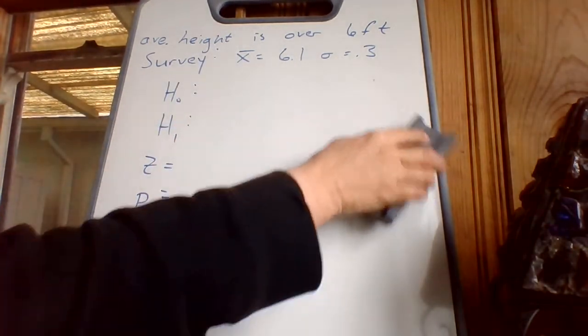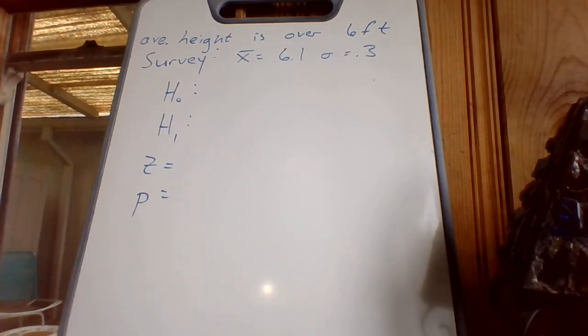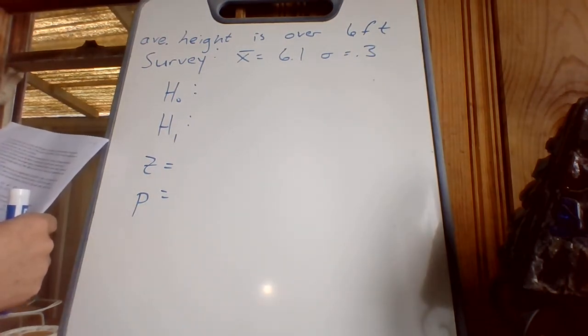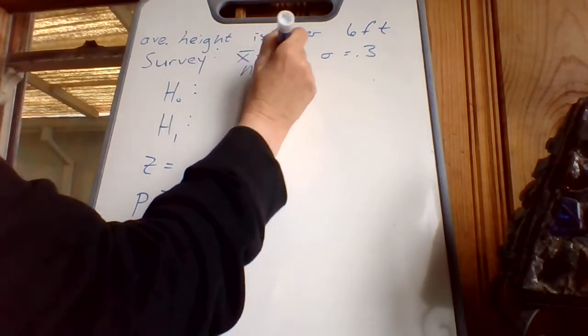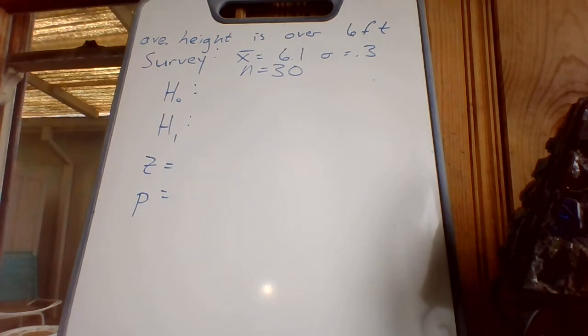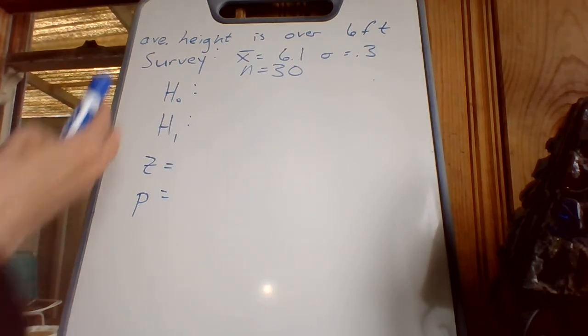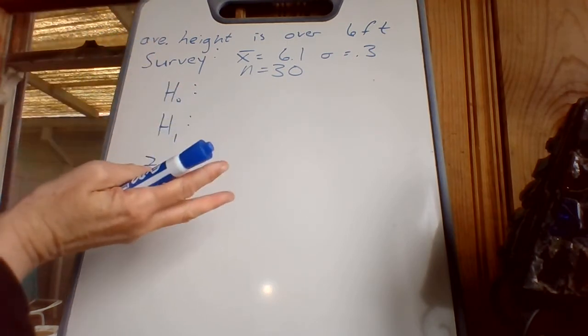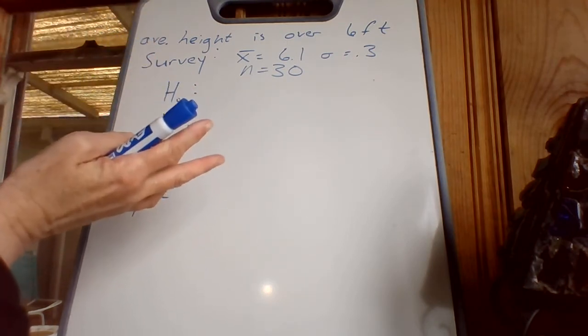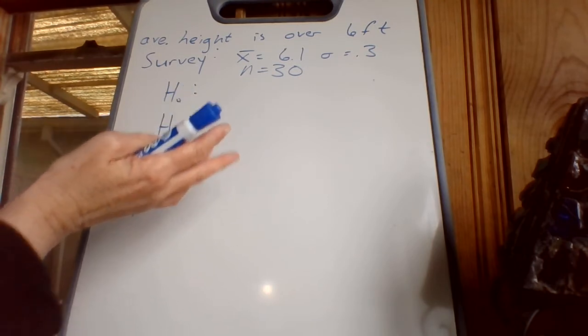All right, so this problem, the average height is over 6 feet. That's question number 4. Okay, and I didn't write it down here. N is 30 here. So because n is 30, this is, all right, there's two people involved. It's definitely a test. It's a numbers question. How tall are you? So that would be like a z or t test.